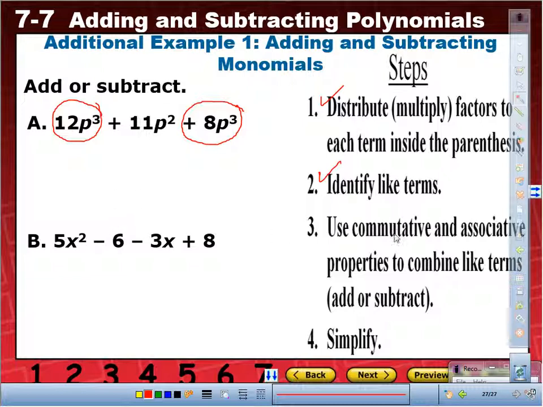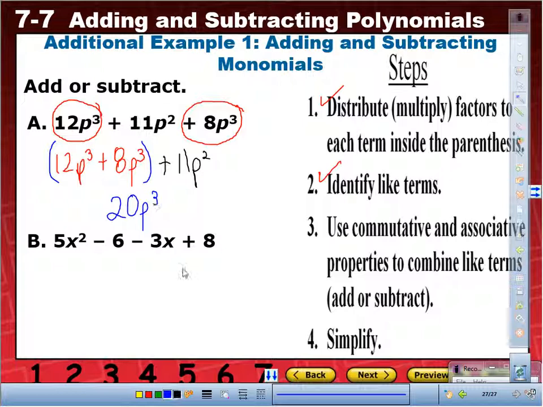Okay. Step 3, use commutative property. So I'm going to write these down together. 12p cubed plus, what else? 8p cubed. And I bring down the other one, 11p squared. What's the other property? Associative. So what is 12p cubed plus 8p cubed? 20p cubed.